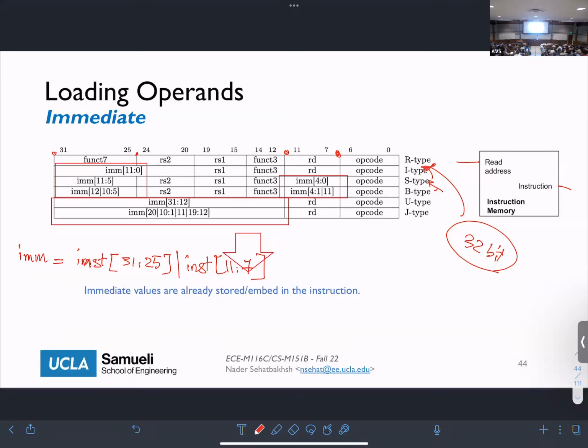Basically, think of an instruction as an array of 32 bits. To extract your immediate, you check the right indexes in your instruction and load that into one variable which you call immediate. And that's how you get your immediate. For different types of instruction, this wiring has to be different, so we first need to figure out which instruction this is, which I'm going to talk about. Once we know that, we can wire them correctly.